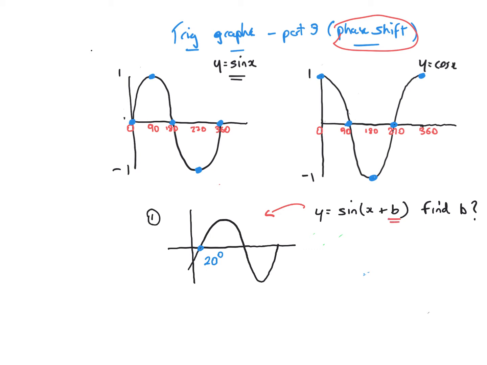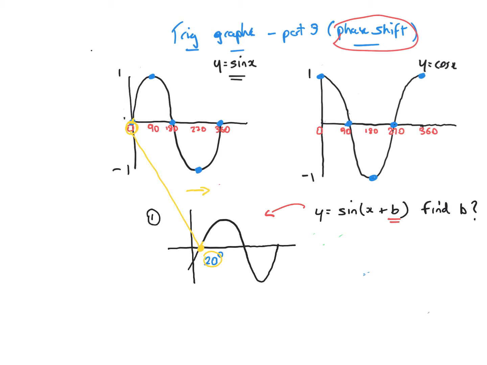Now the key point that we've got in the curve is this bit, 20. Now you can see that the bit where the curve climbs off the x-axis normally happens at 0. So that's now been shifted to 20. Now, obviously then that is 20 degrees to the right.